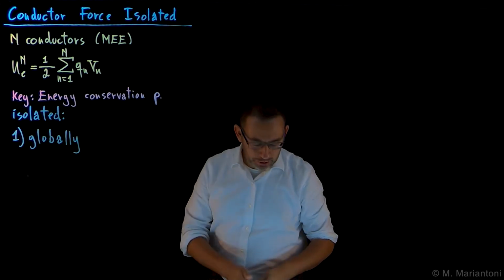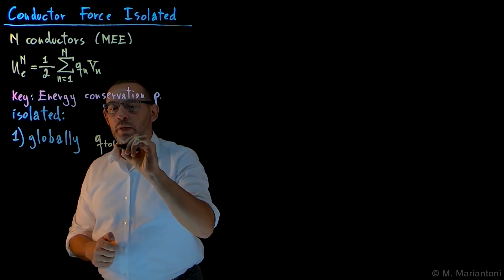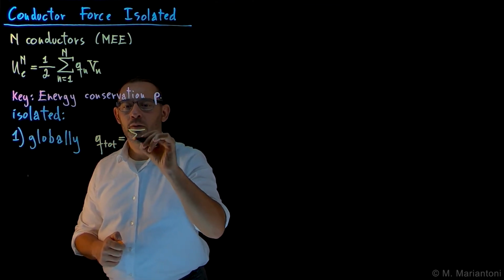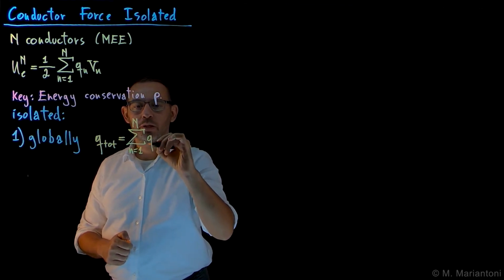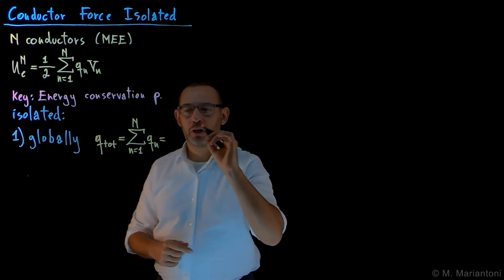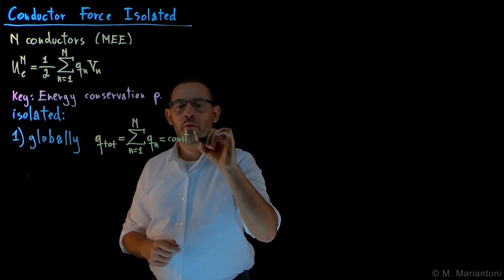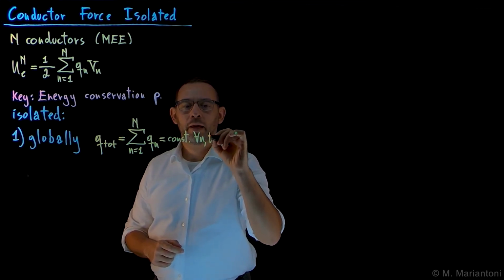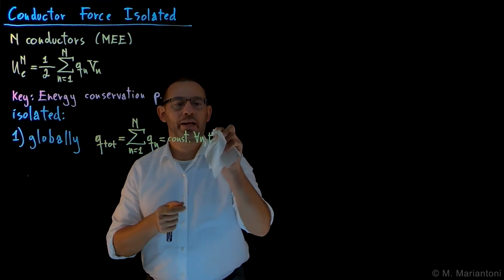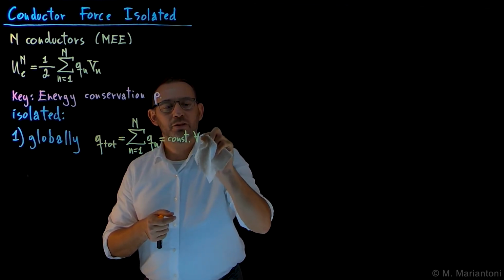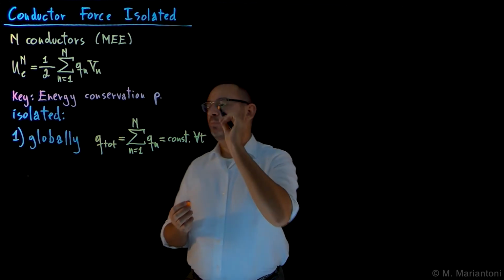It means that the total charge associated with this system, Q total, given by the sum from small n, which goes from 1 to capital N, of Q small n, has to be equal to a constant at each time. In this case it suffices to just say at each instant in time t, because we are summing over all n.